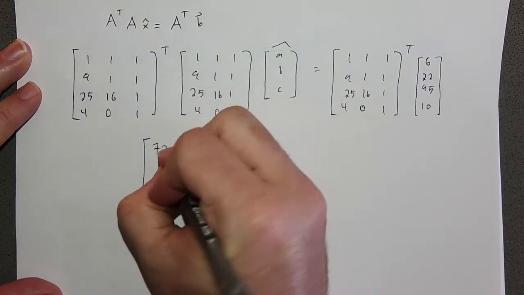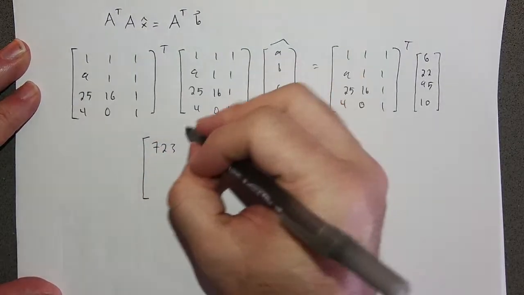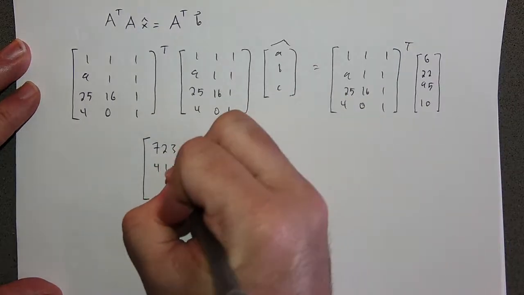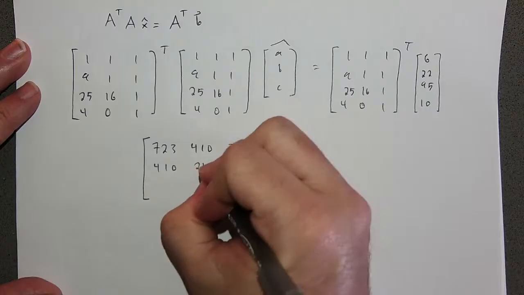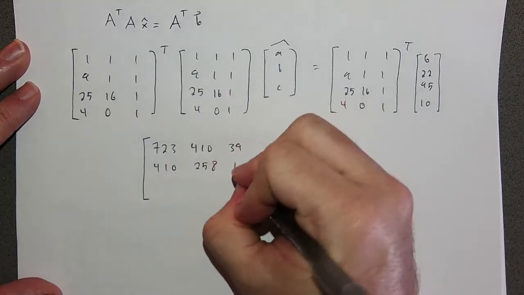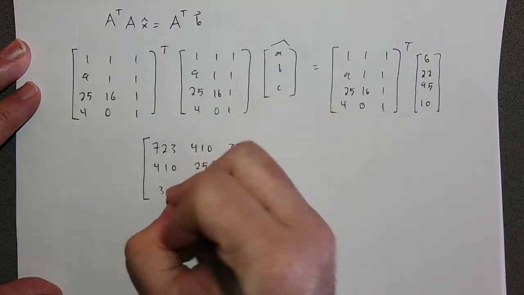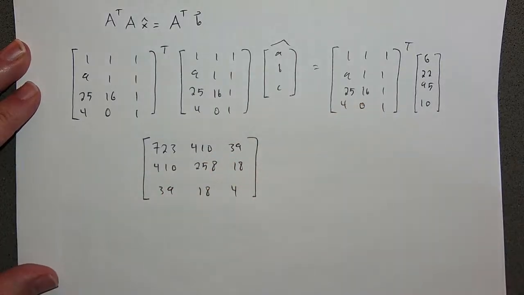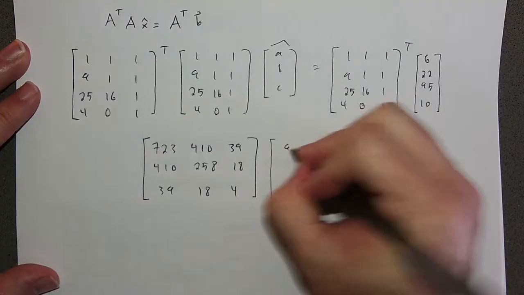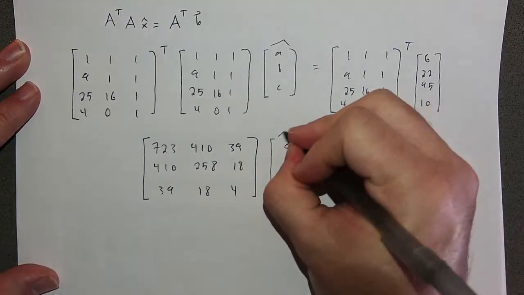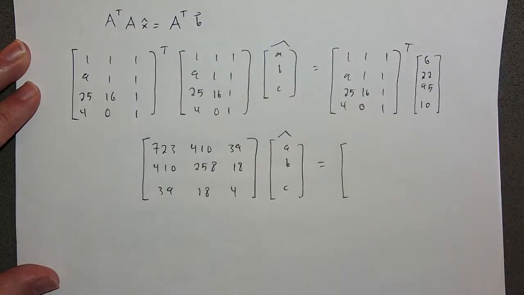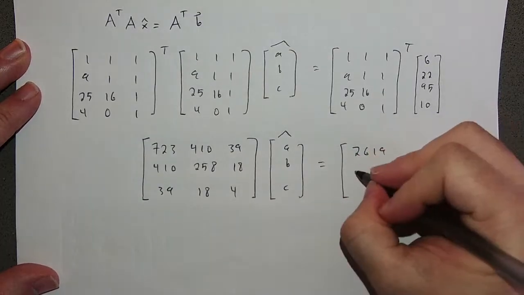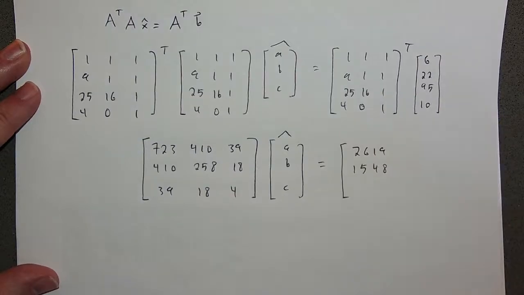I get, I'm reading row-wise here, 723, 410, 39, 410, 258, 18, 39, 18, 4, times A, B, C hat, and that is equal to the vector 2,619, 1,548, and 133.